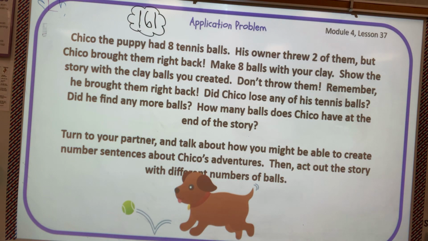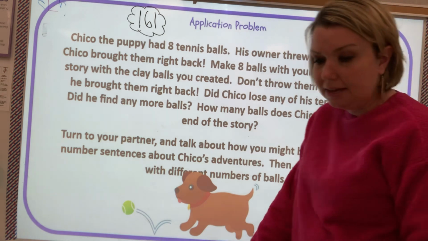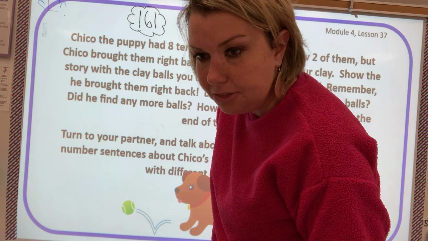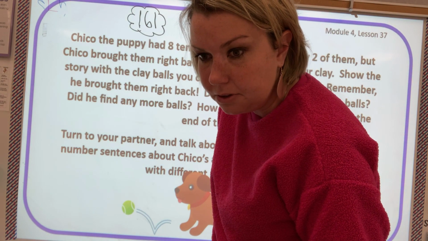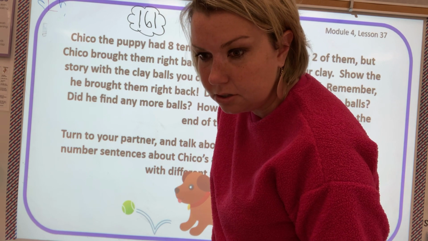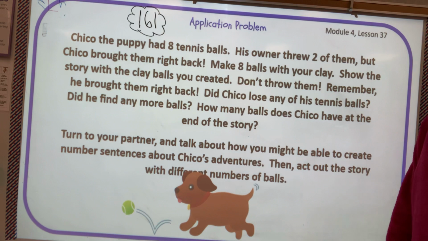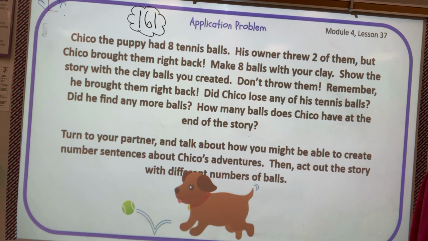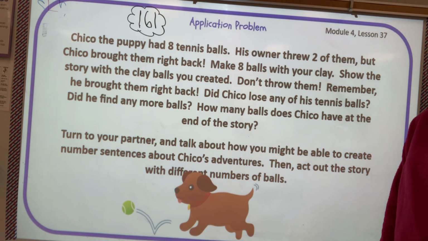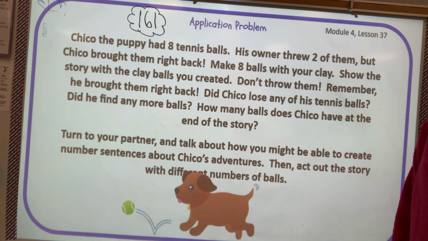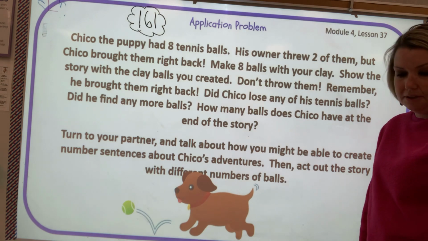When you have your book open and your materials ready, like your pencil, give me a double thumbs up so that I know you're ready to learn. All right. I think I have some friends still turning the page, so I'll give us just a minute.